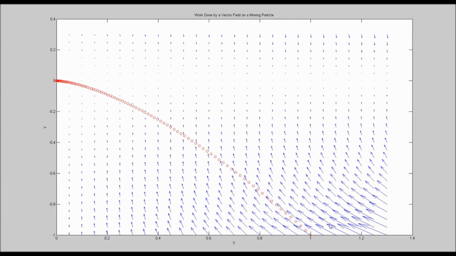So the vector field, you can see here, is pushing back on the particle, trying to slow it down, right? Hopefully you know from physics that if you were to push a ball, or a crate or something like that, and you were successful in displacing the crate, then you are doing work on the crate, and you are doing positive work on the crate.